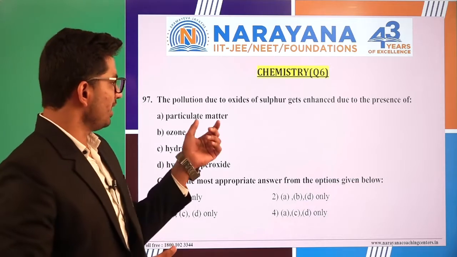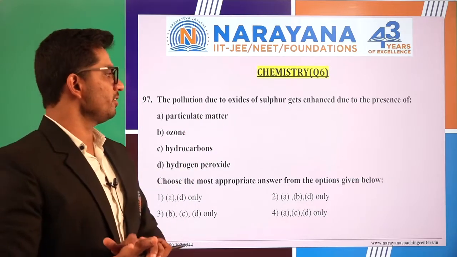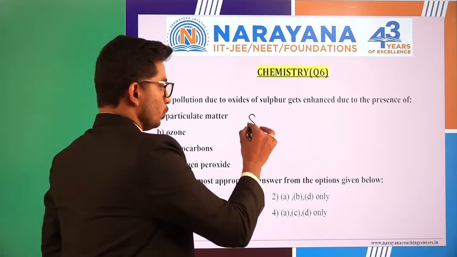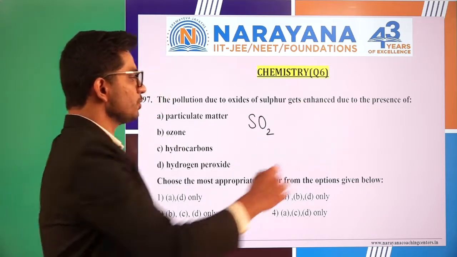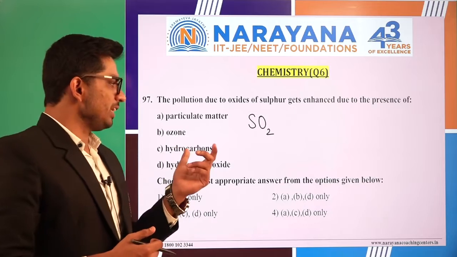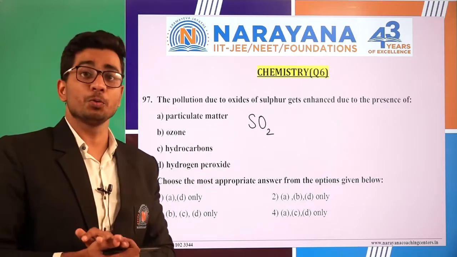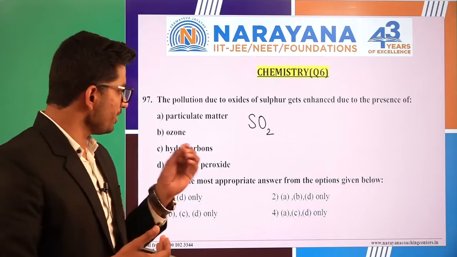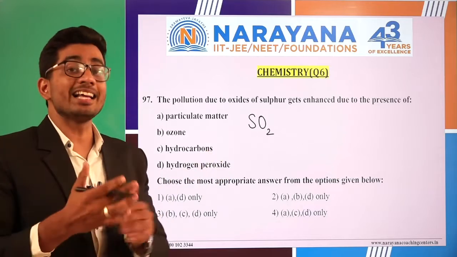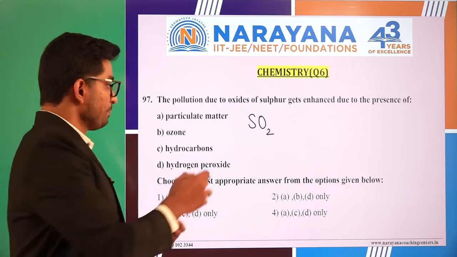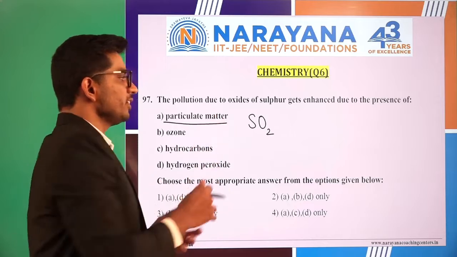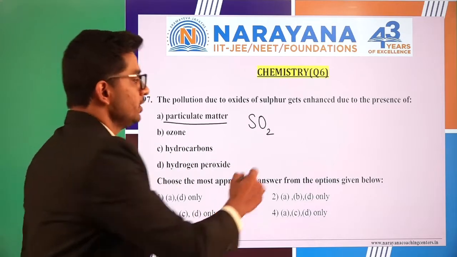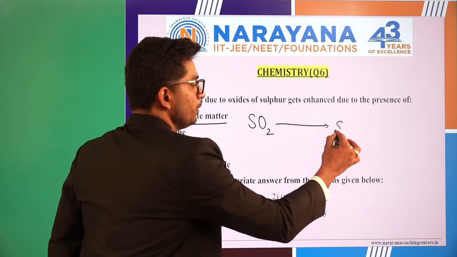When sulfur forms its oxide in the air, it is SO2, and this SO2 gets converted into SO3, sulfur trioxide. The particulate matter present in the air acts as a catalyst and helps in the conversion of SO2 to SO3.